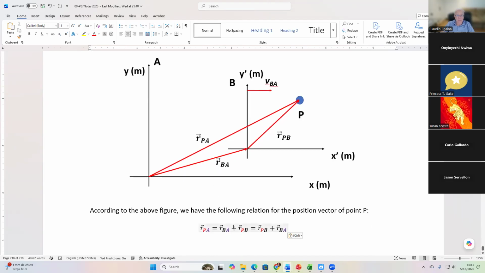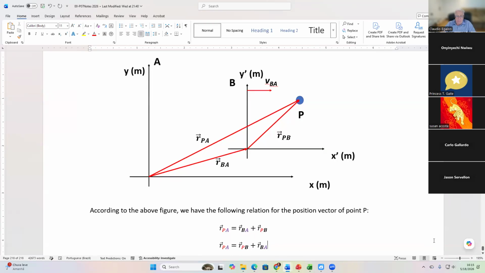According to the above figure, we have the following relation for the position vector of point P. Position vector of point P with respect to A is position vector of referential B with respect to A plus position vector of point P with respect to B. And I am going to rearrange, because by rearranging, we are going to have a very intuitive way of memorizing this relation.